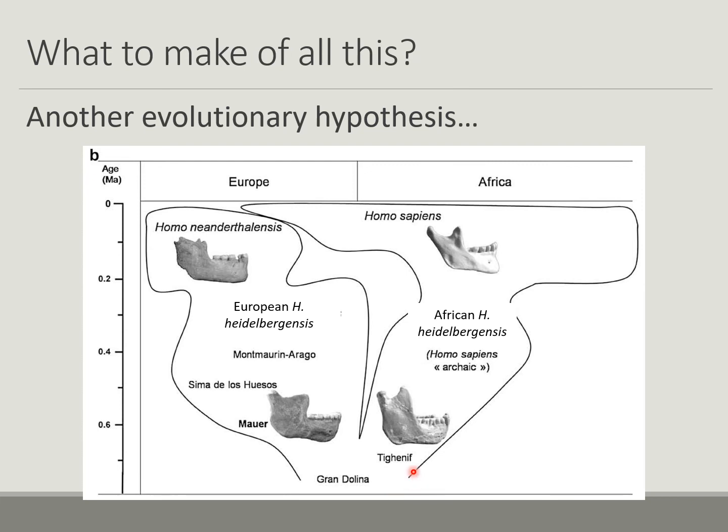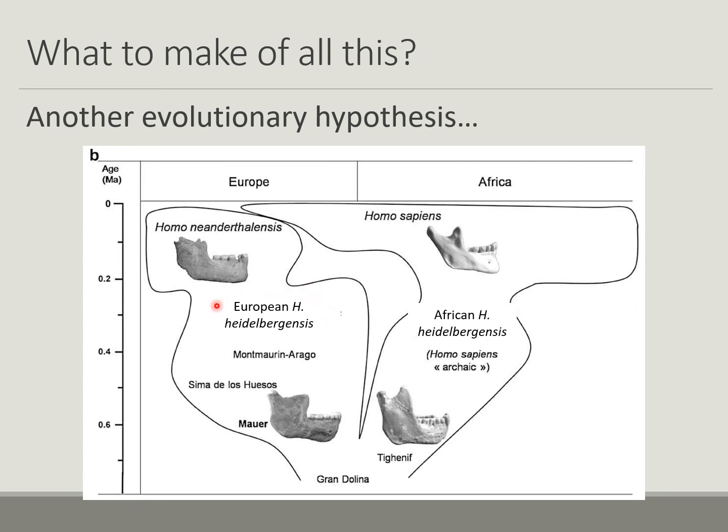So that's one hypothesis. And here is the second hypothesis. So Homo erectus diverged quite early into the European Homo heidelbergensis species on the one hand, and an African Homo heidelbergensis species on the other hand. And so because these are two different species, they should have two different species names. So the African Homo heidelbergensis species is often called Homo rhodesiensis.